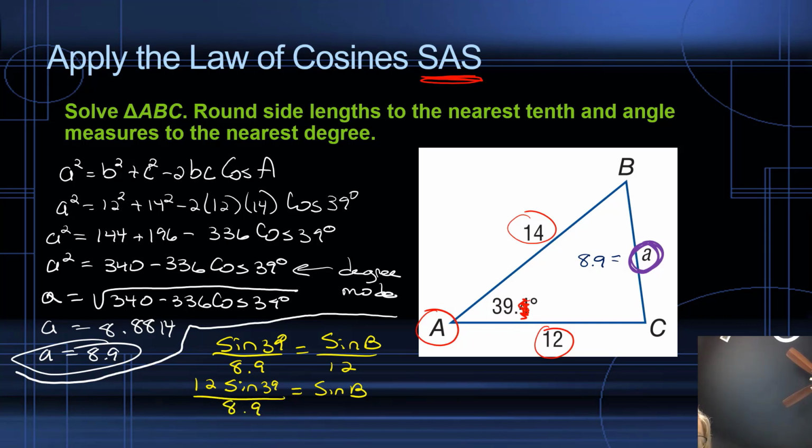And we're going to want to put that into inverse sine, okay, and then over 8.9, and that will equal the measure of angle B. So let's go ahead and type that into the calculator and figure out what that answer is.